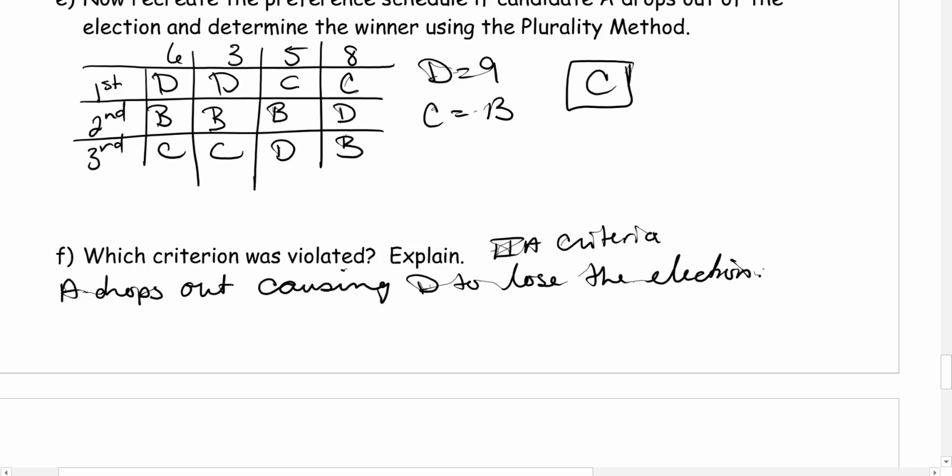And that is because A drops out, causing D to now lose the election.